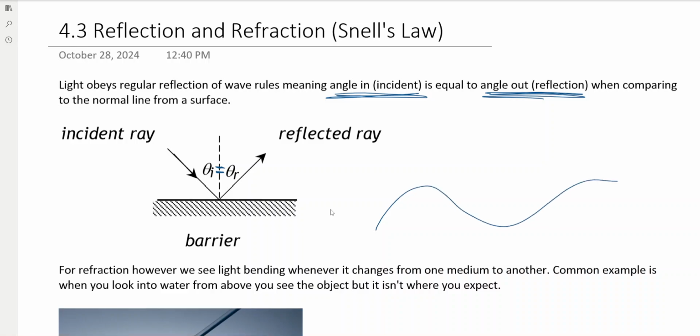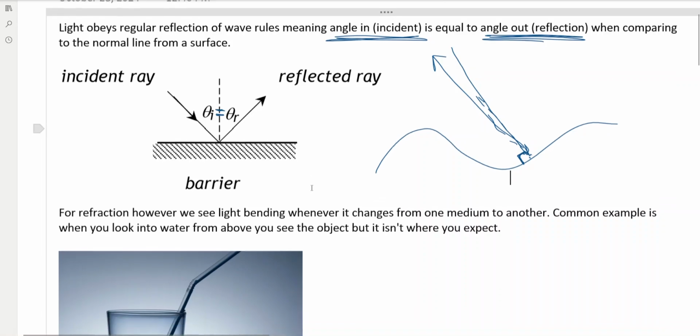So if the ray comes in this way, the normal line is actually this way, so it's just going to bounce almost straight back, because the normal line is whatever is perpendicular to the surface, 90 degrees to the surface. As long as you keep that in mind, this is a pretty straightforward rule.